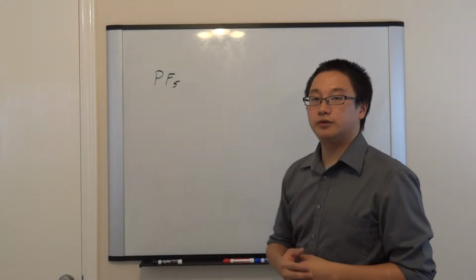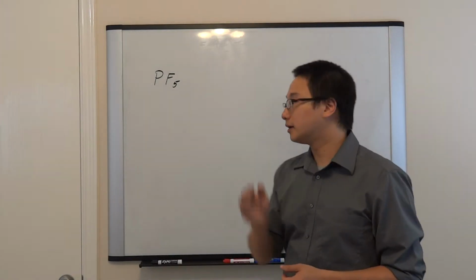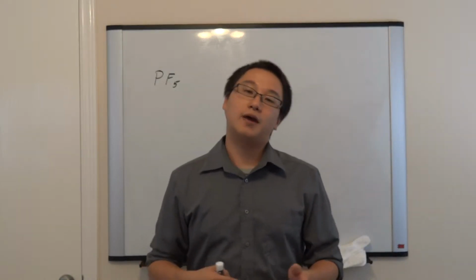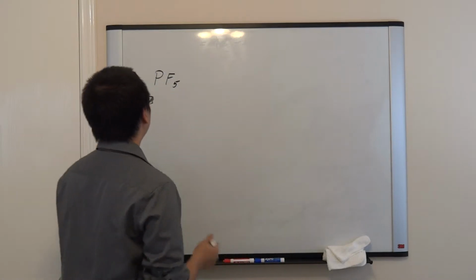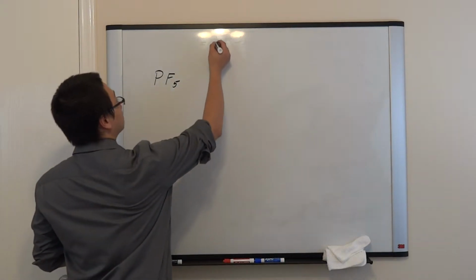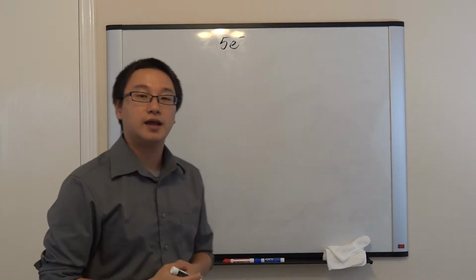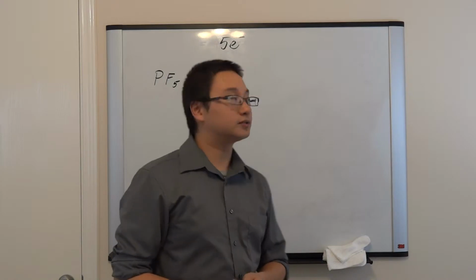So now we will consider this example: phosphorus pentafluoride. We'll do the same thing as we have seen in part 1, that we first calculate the number of valence electrons. If you look at the periodic table, phosphorus has 5 valence electrons, and fluorine has 7 valence electrons.